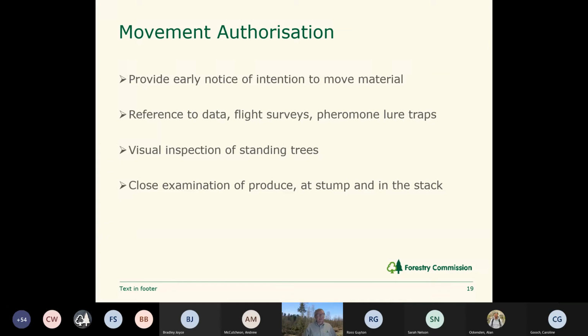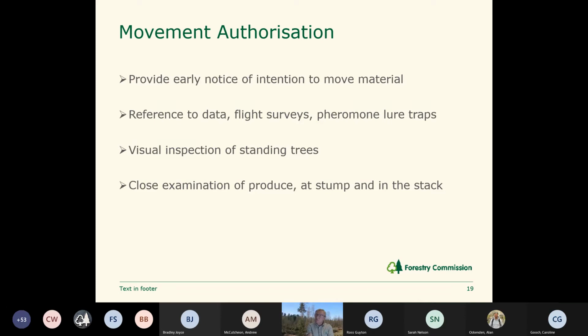It gives us an opportunity to reference other data that we have in terms of other survey work, flight surveys, data from pheromone lures that we have within the demarcated area. We will inspect the standing trees within the stand, and then either following or during harvesting, we'll give a close examination of produce at stump and in the stack to again verify that there isn't any evidence of the beetle in the stand.